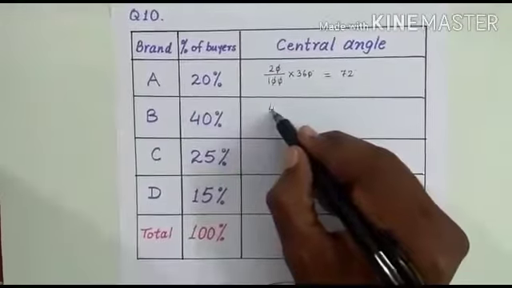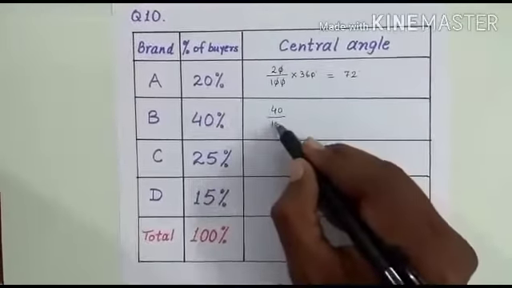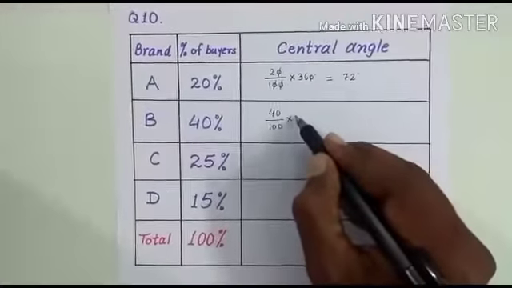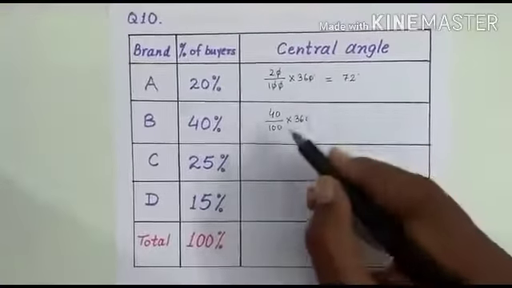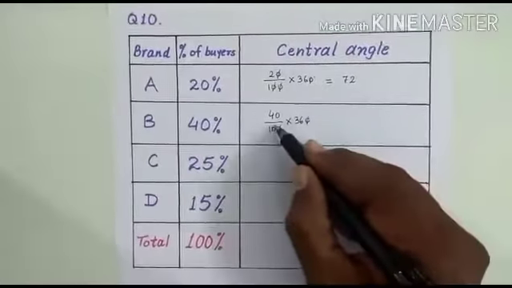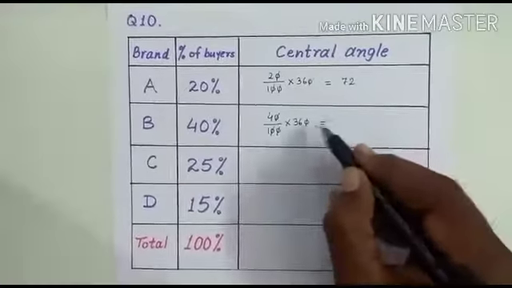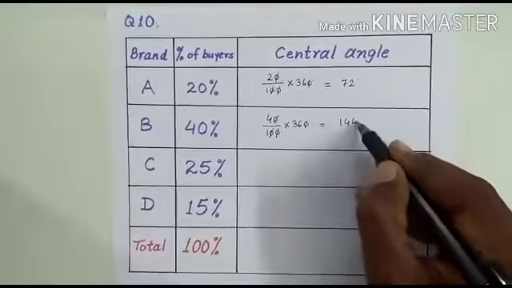Similarly, 40%, 40 upon 100 into 360. 0 to 0 cancel, 0 to 0 cancel, and 36 fours are 144 degrees.